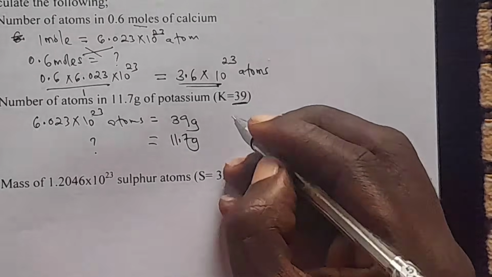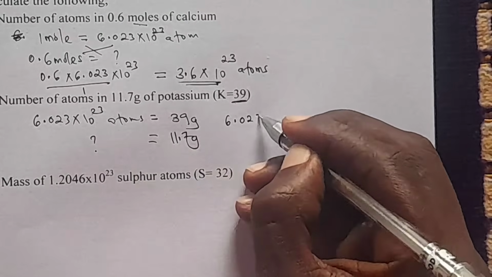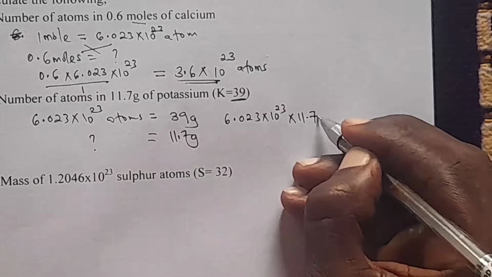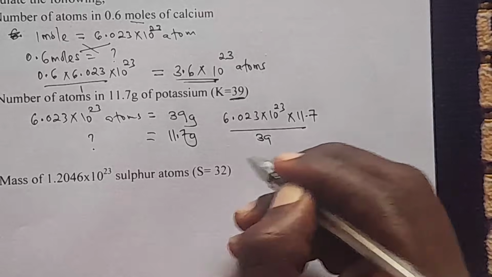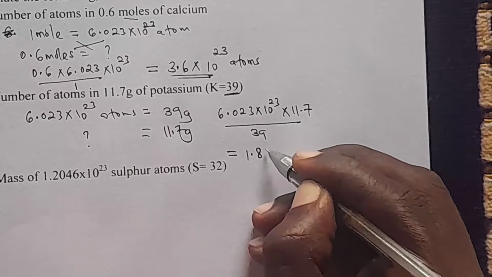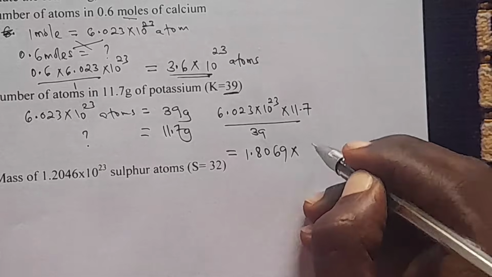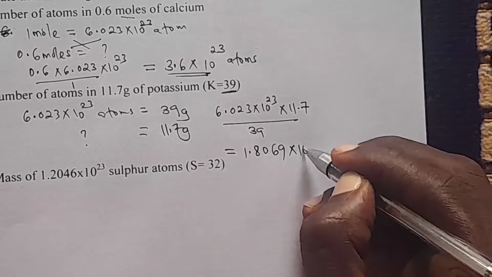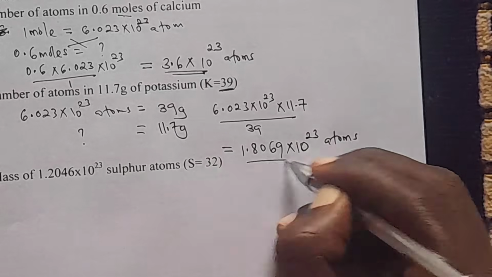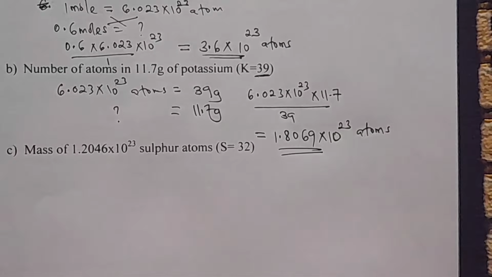We are going to cross multiply: 6.023 times 10 power 23 times 11.7 divided by 39. So here we are going to get 1.8069 times 10 power 23 number of atoms. That's what we are going to get as our answer.